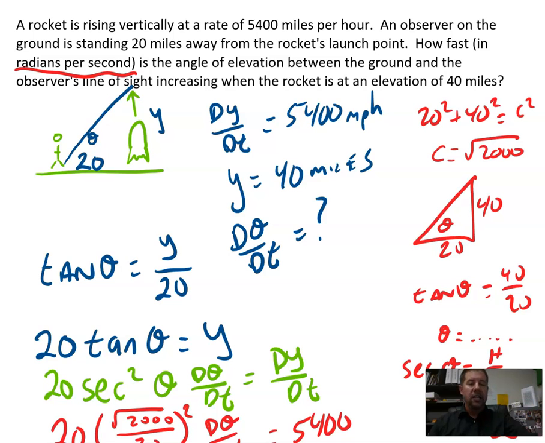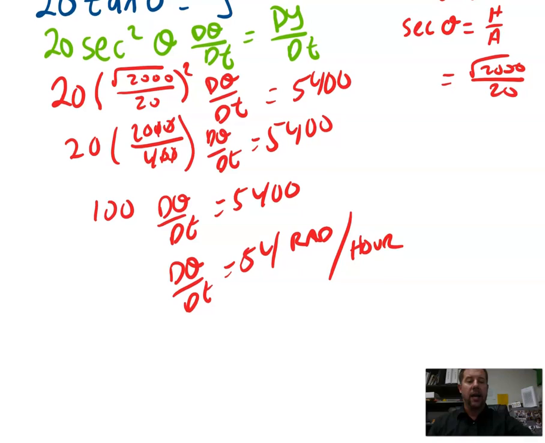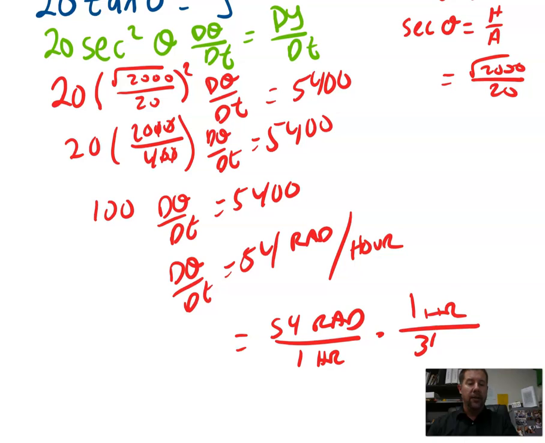So I need to do some unit analysis here, and I'm going to have to change this. If I go 54 radians per 1 hour, and I multiply, in 1 hour there are 3,600 seconds, I will get my answer in radians per second.